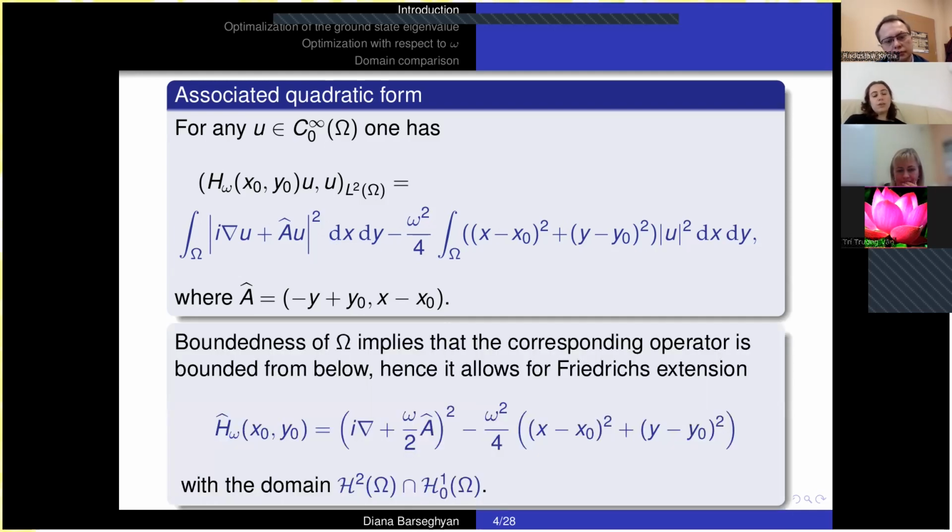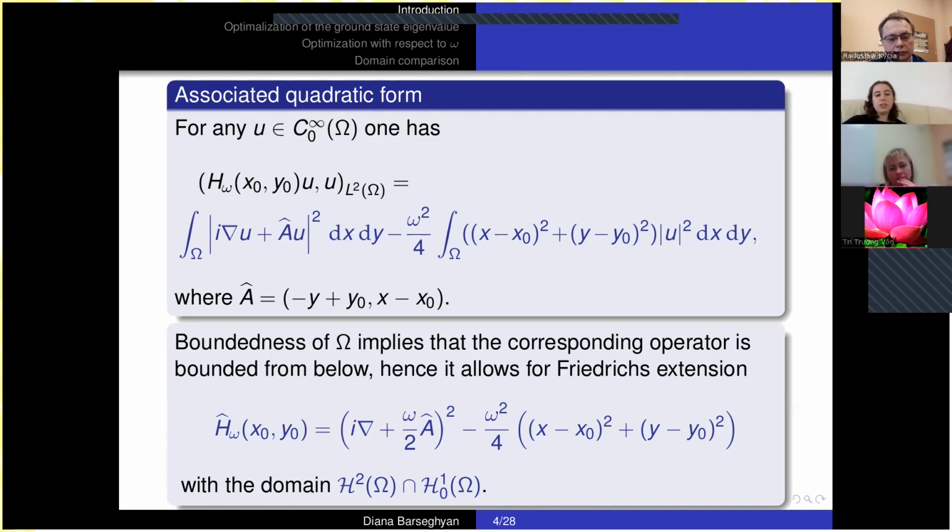Now, we use the fact that omega is a bounded domain. This means that the second component of the right-hand side of this equation is bounded, because x0 and y0 are fixed points and x and y are bounded, and of course u is from L2. Therefore, the second, negative part of the right-hand side is bounded, and the first one is non-negative.